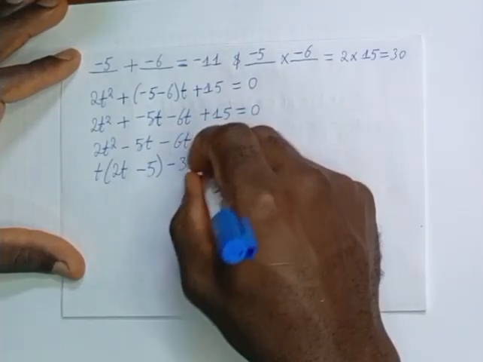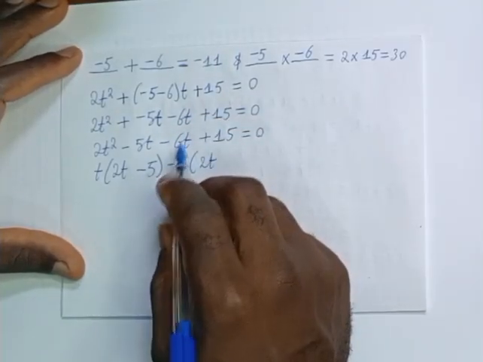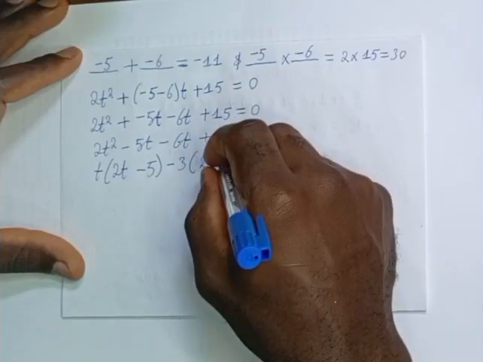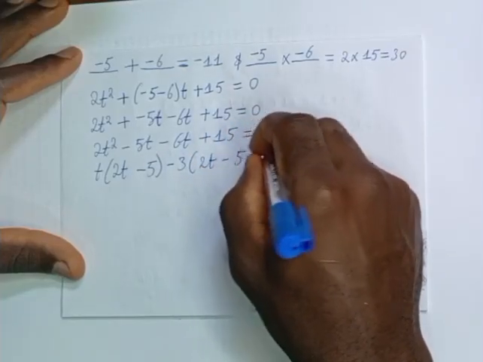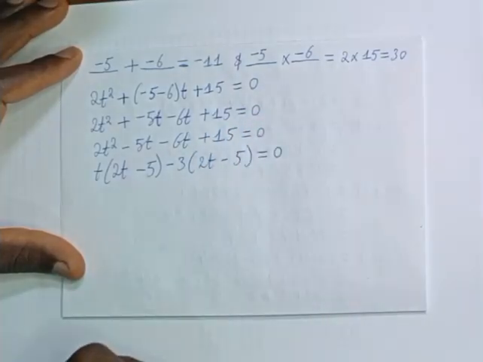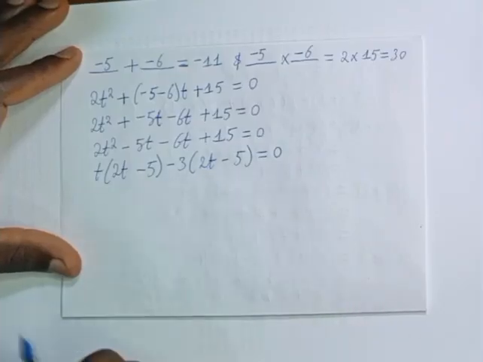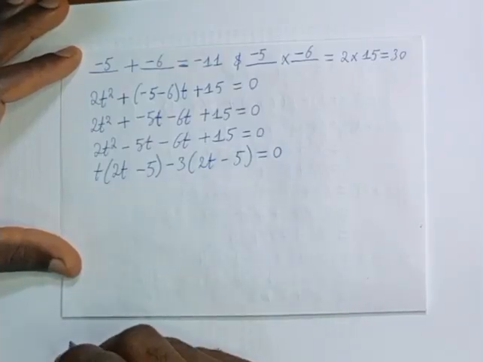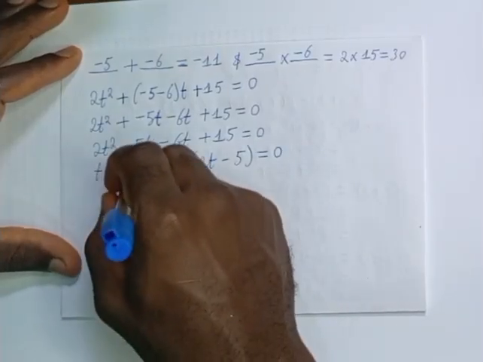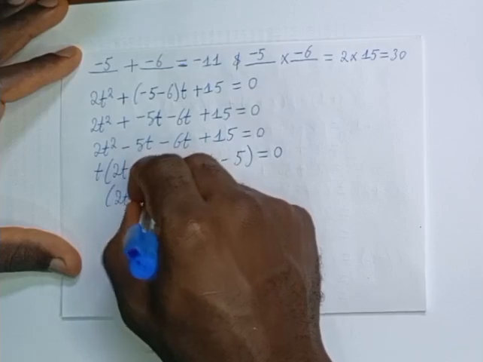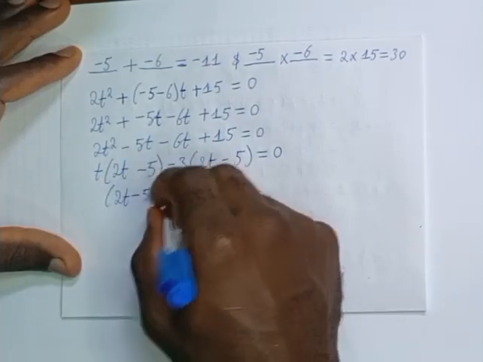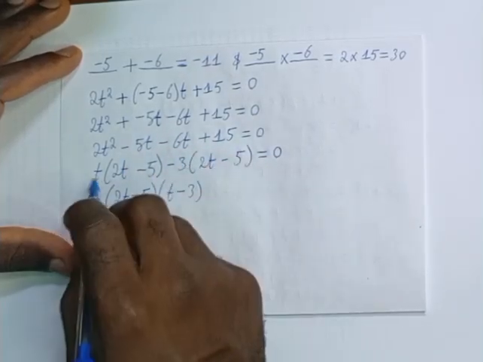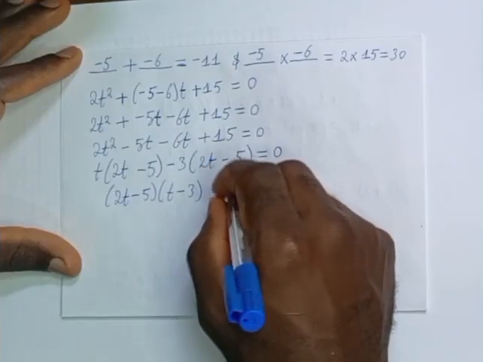Negative 3 times 2t gives us negative 6t. Negative 3 times negative 5 gives us positive 15. We equate this to 0. We have two terms, and 2t minus 5 is common. So 2t minus 5 times t minus 3 is equal to 0.